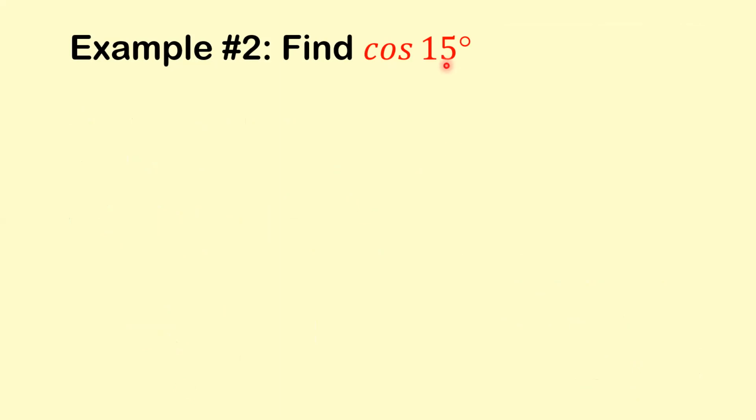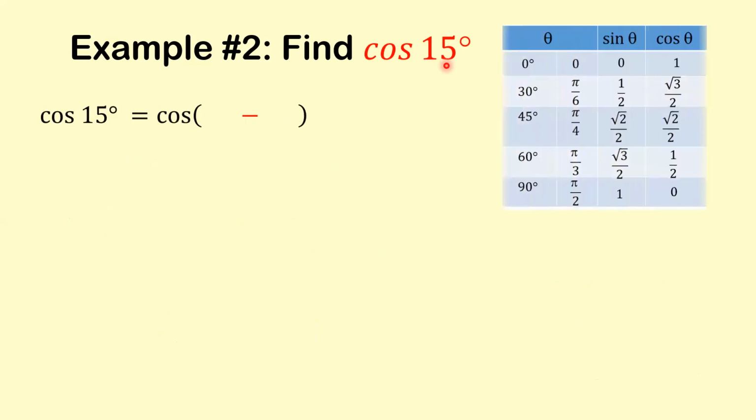Cosine 15 degrees is a bit smaller, so we can expect to have a difference here. We'll be subtracting two angles, no? So, ano yung isa-subtract natin from here? Pwedeng 60 minus 45, that will give you the same result, no? 15 degrees pa rin. Pwedeng 45 din minus 30. Just like the previous one, no?